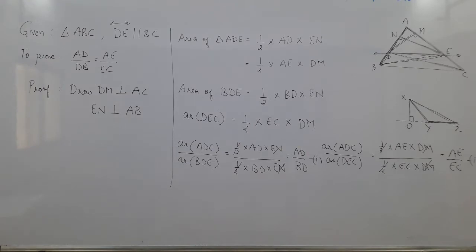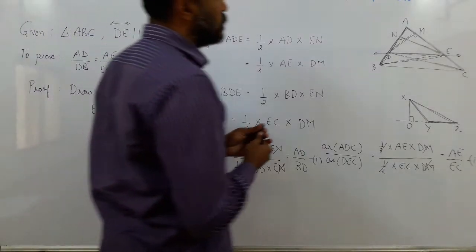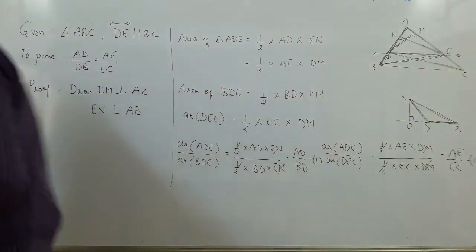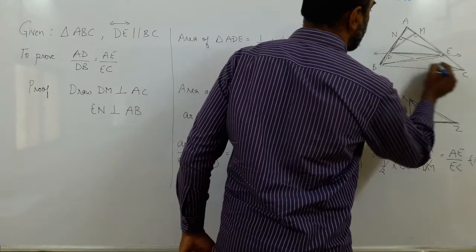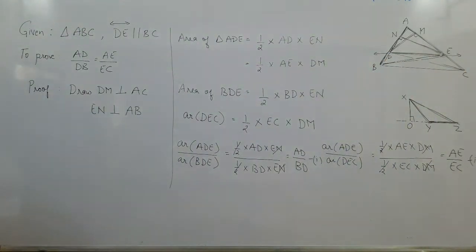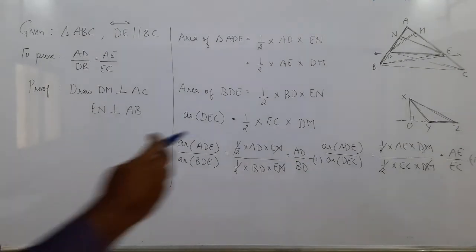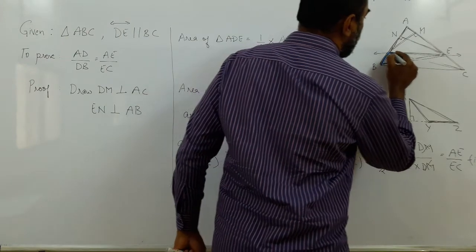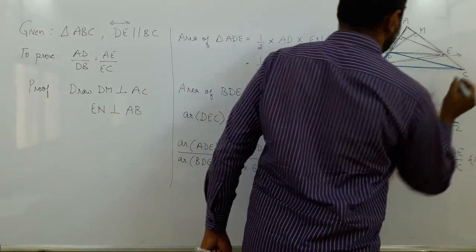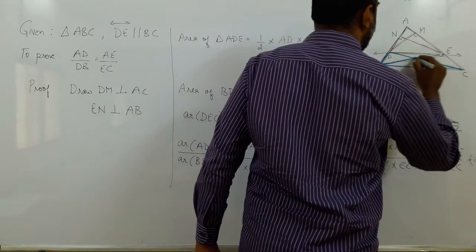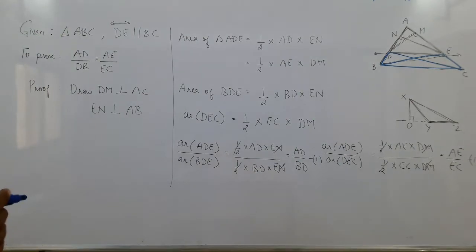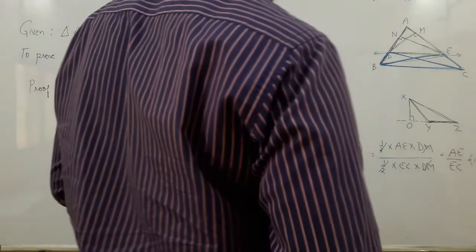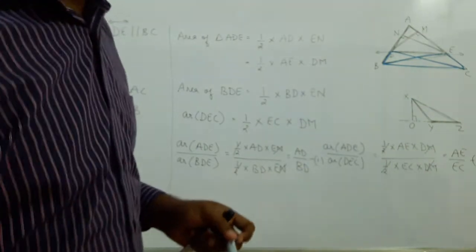So now again, which triangle will I see? This time I will not use this. I will try to use a different color pen. Look at triangle BDC and triangle BEC. Sorry, this is not the one we need to see.